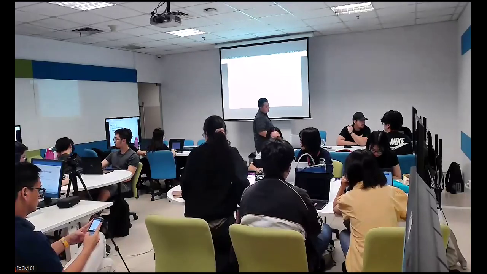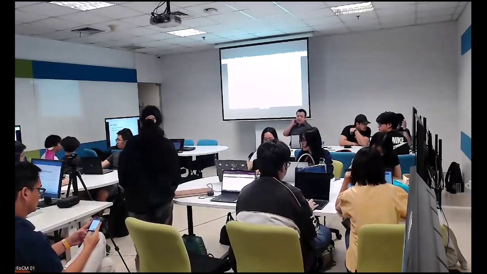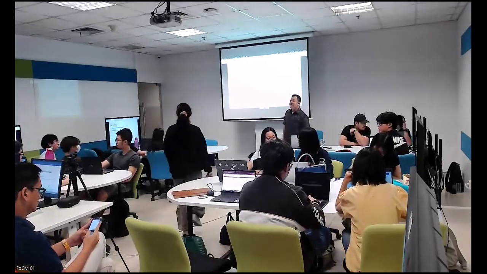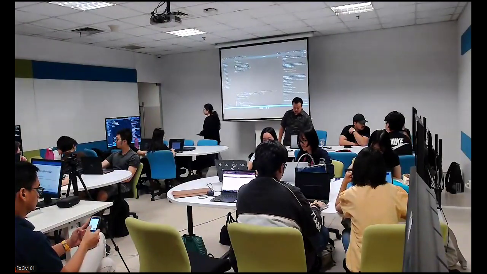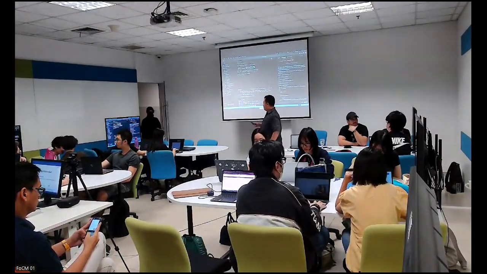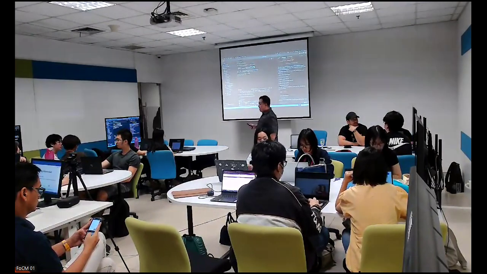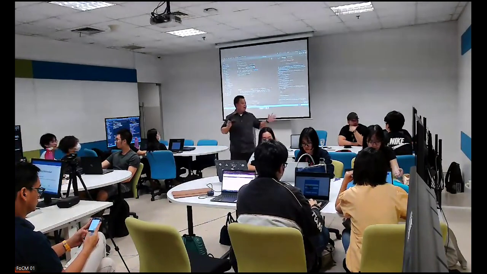So vibe coding is basically using AI-powered editors, such as Cursor. Have you guys used Cursor before? No? Never? Okay, so this is good.